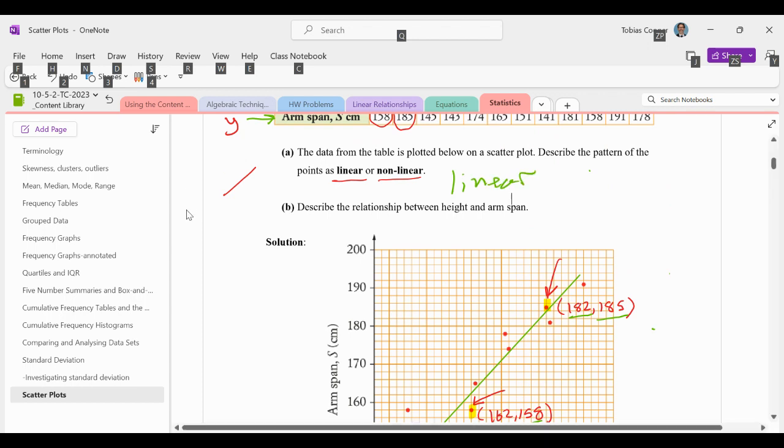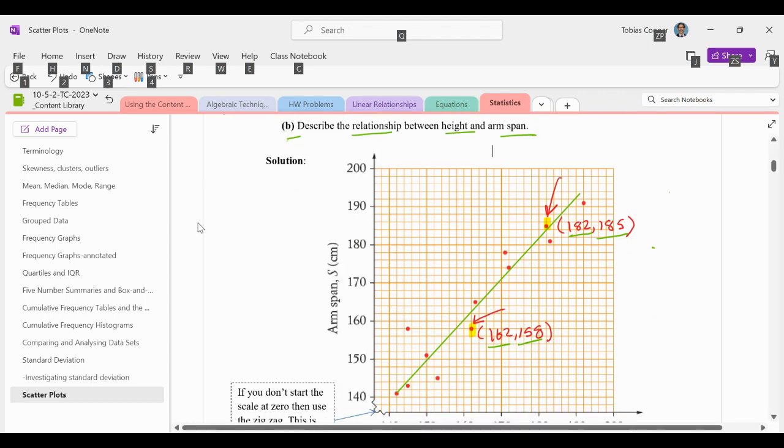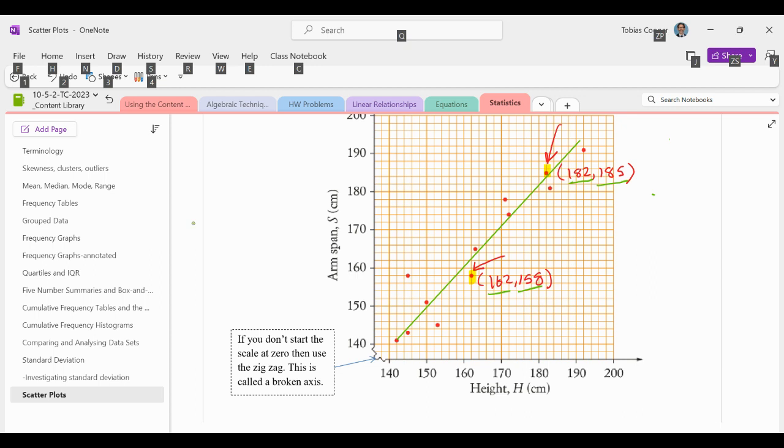Now, to describe the relationship, this is part B, the relationship between the height and the arm span. It looks like as the height increases, the arm span also increases, and you can see that from the points. As the height gets bigger, so does the arm span.